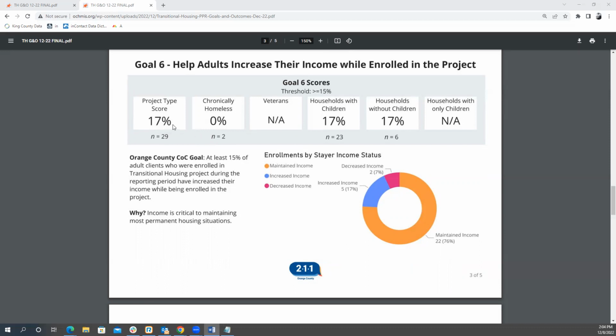So the performance for the project type as well as the household types is the same. And you can see only 17% increased their income, but we did have another 76% that maintained it. And only 7% had a decrease, which is great.